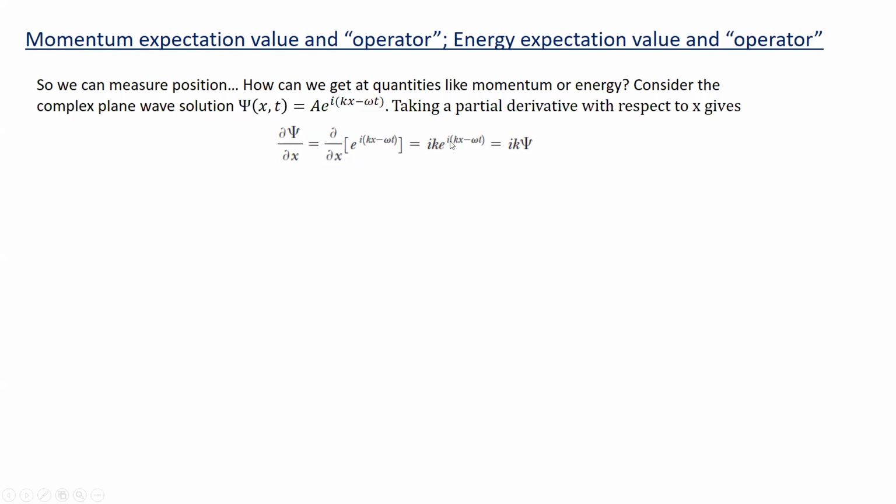And e to the i(kx minus omega t) is psi, okay? So we just get the partial derivative of psi with respect to x is ik times psi back again.